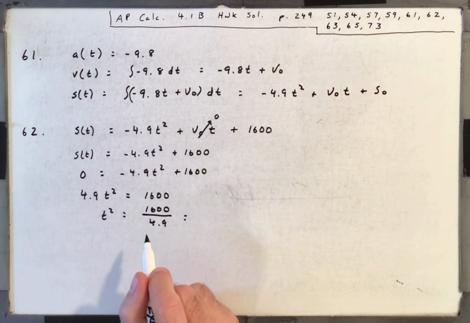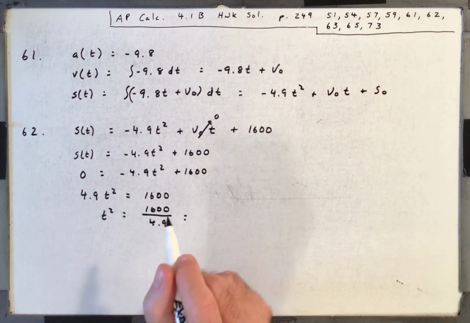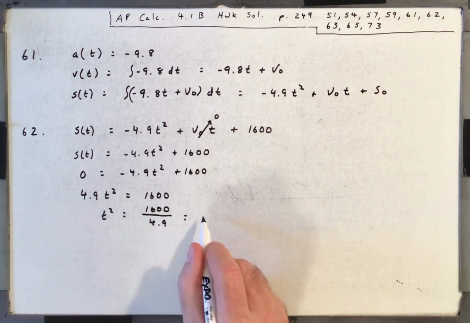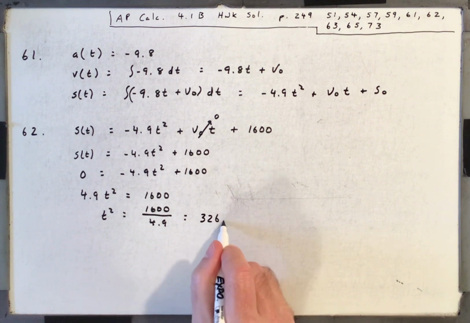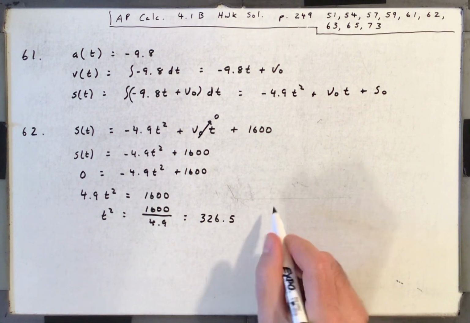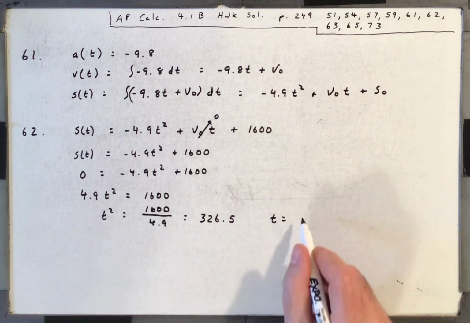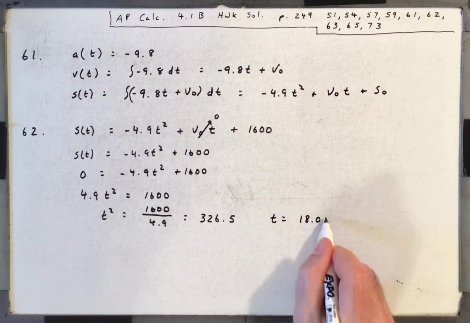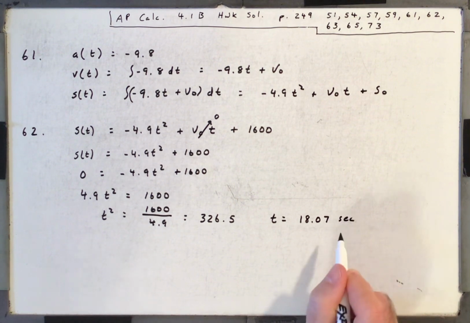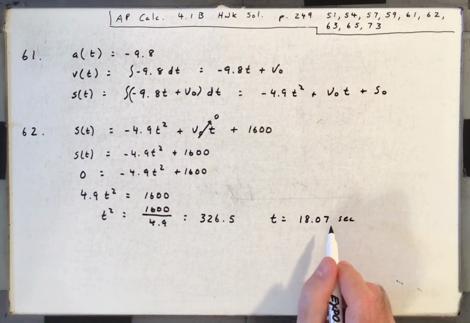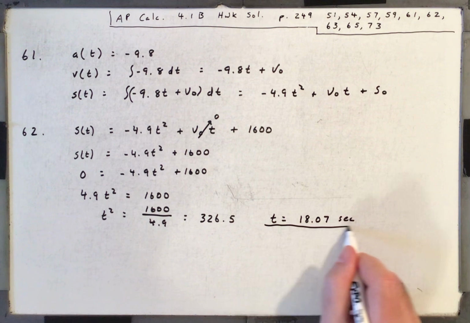That would be 326.5. So t is equal to the square root of 326.5, which is 18.07 seconds. All right, and that answers the question, how long?